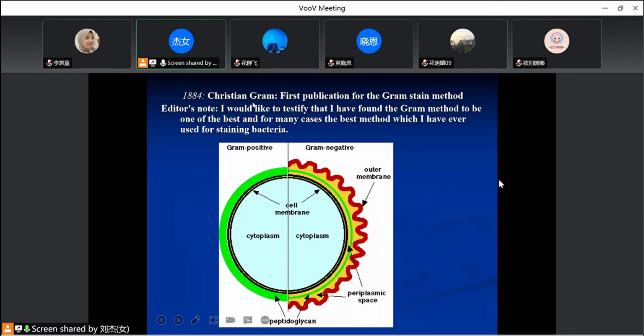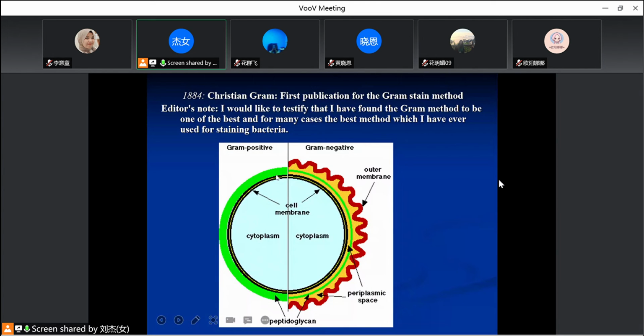This scientist found a method to distinguish the two main groups of bacteria, gram-positive and gram-negative, by staining bacteria. We can see that here is the cytoplasm inside the bacteria, but outside the cell membrane, the cell walls are totally different.